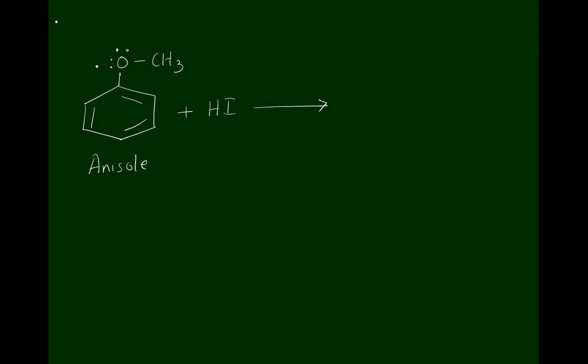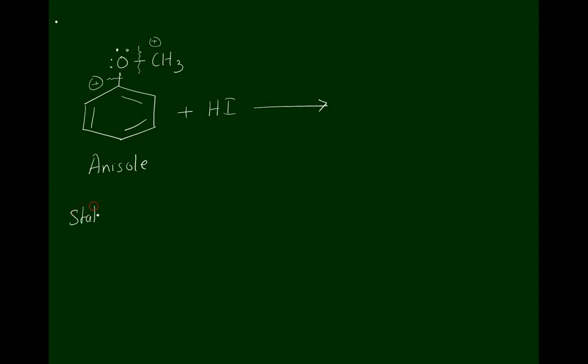So whether we get phenol or phenoxide iodide, check it out. The bond should break between the oxygen and carbon atom. If it breaks here, it results in the formation of a normal carbocation. If it breaks here, it results in the formation of a phenyl carbocation.